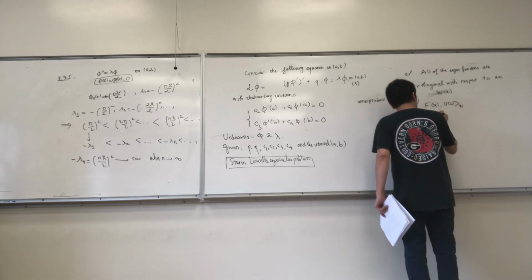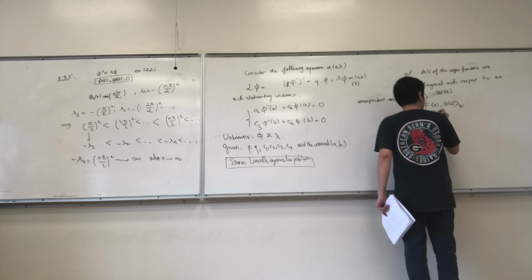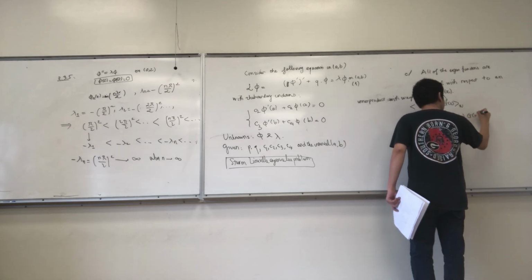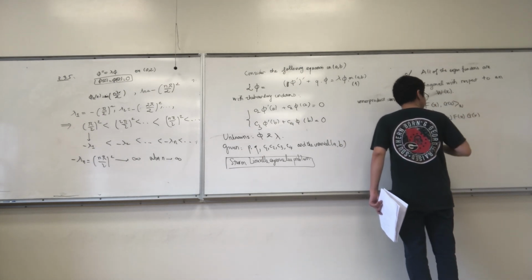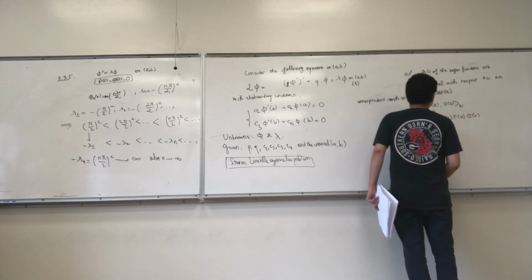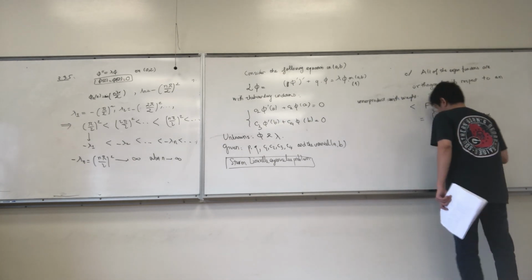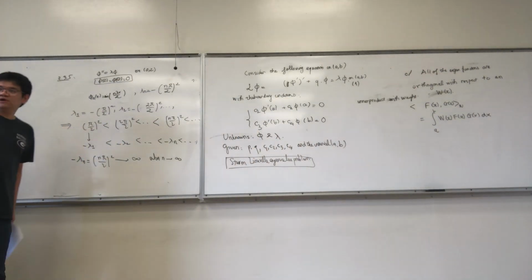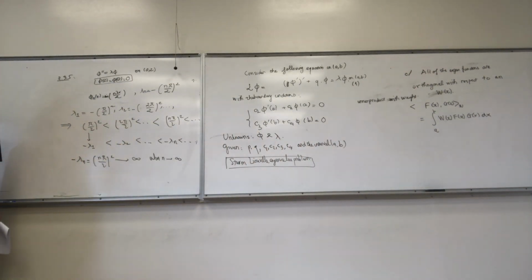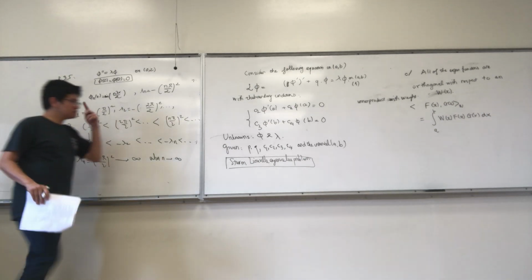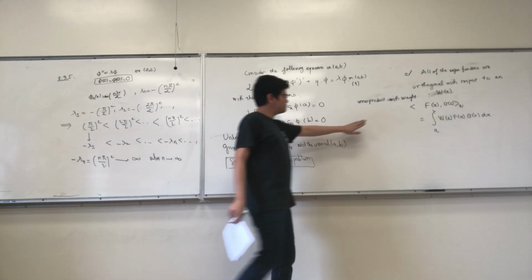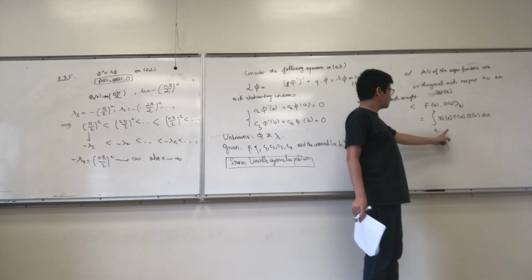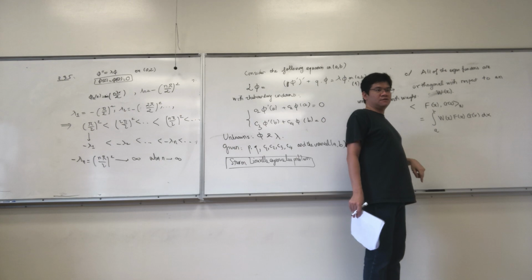W will be the integral from a to b of w(x) f(x) g(x). So we're going to say that there is a weight w(x) such that all of the eigenfunctions are orthogonal with respect to this inner product, right?